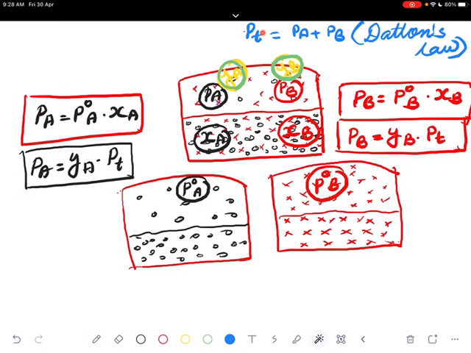So equation number 1, 2, 3, 4, 5. So there are 5 equations when we consider Raoult's law. Raoult's law is equations 1 and 2 only. 3 and 4 we learned last year, and 5 also, according to Dalton's law. Now let's see the numericals based on this vapor pressure.